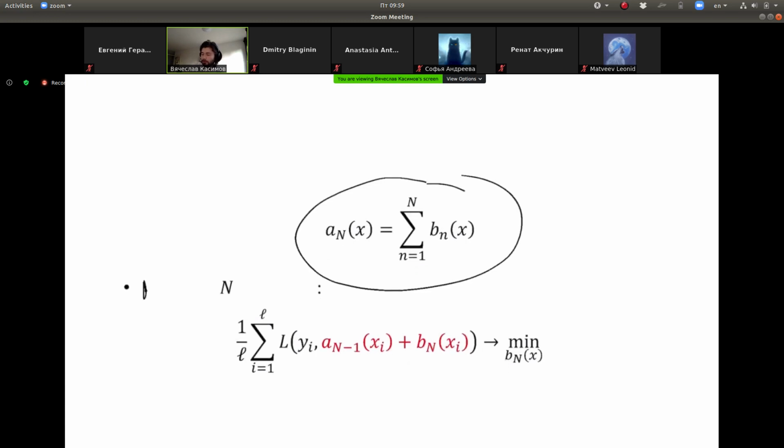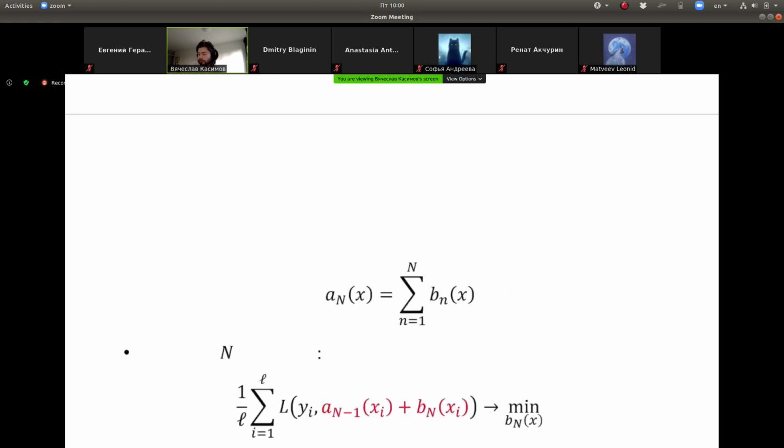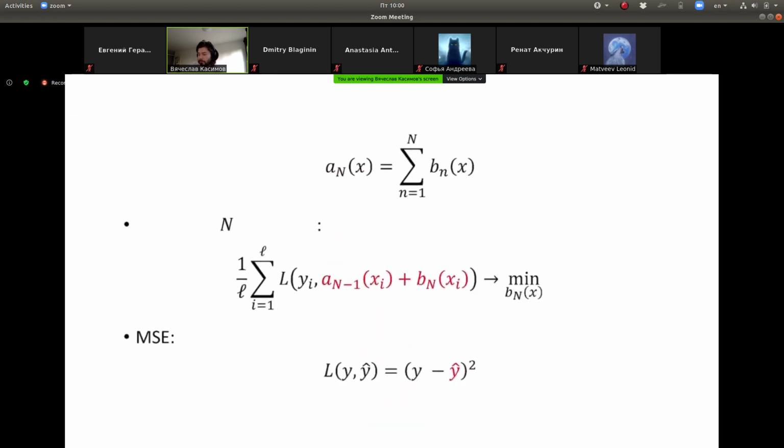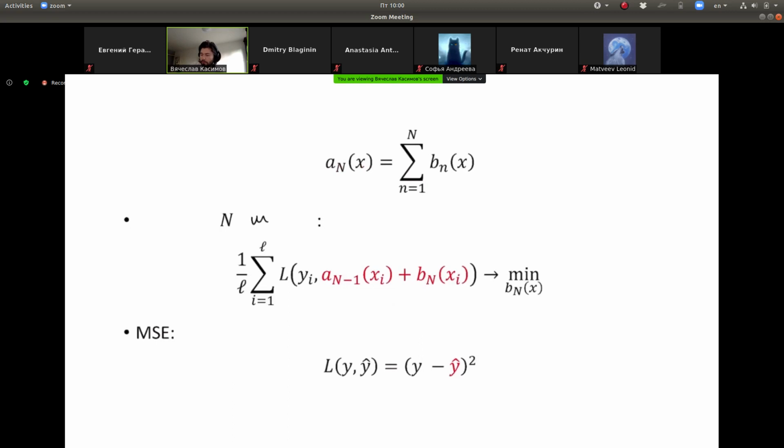We need somehow to use this guy, train it. For now, we say it's too abstract to solve, so let's consider this guy to be the MSE loss. And then we'll see how we could modify it.